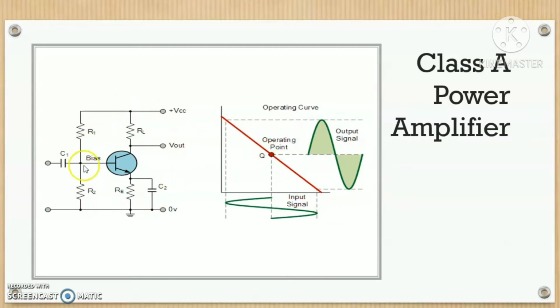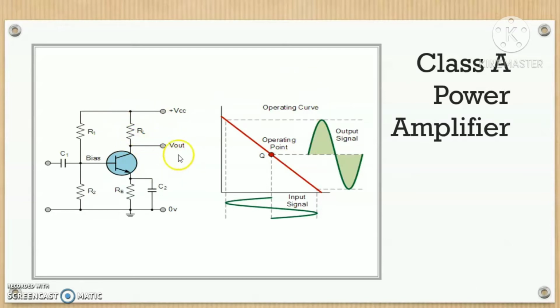Here this is a normal CE amplifier in which the transistor is replaced by a power transistor. But when the Q point is at the center of the DC load line, power dissipation on the transistor is quite high. Hence the power loss in Class A power amplifier is quite high. One more problem of this circuit is impedance mismatching here.